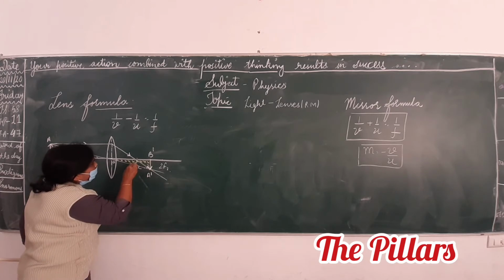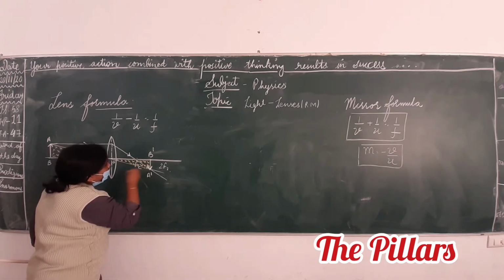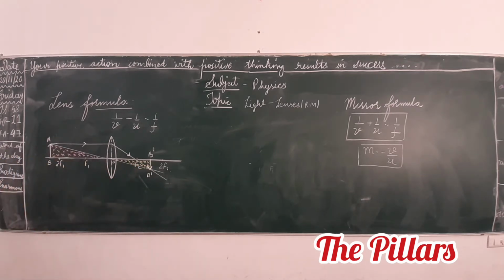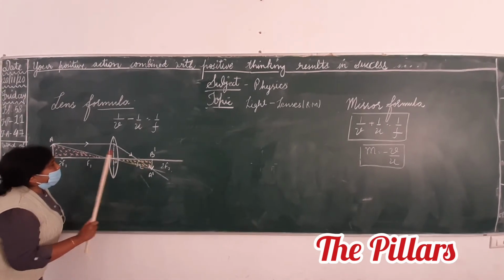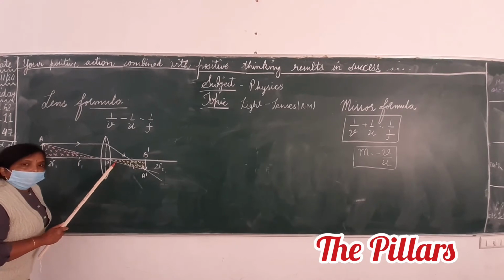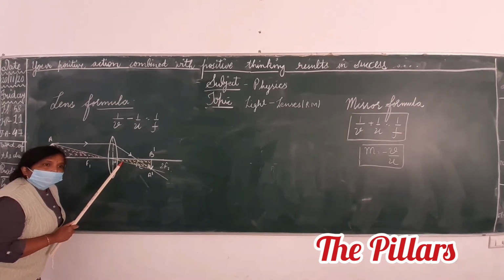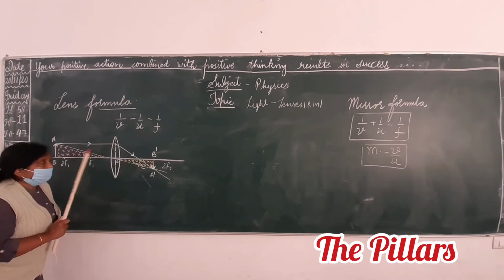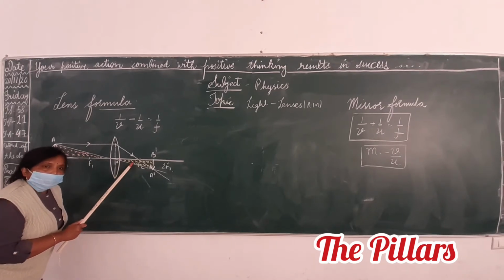They are similar to each other. Check it and tell me. How? This is 90, this is also 90. This angle is equal to this angle, vertically opposite angles. Two angles are equal to each other. Therefore, this triangle is similar to this triangle.